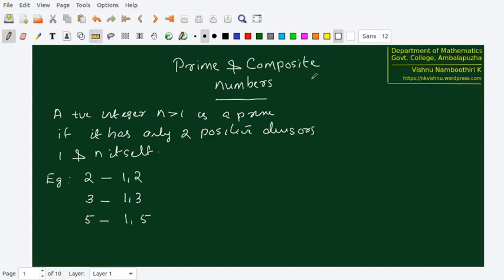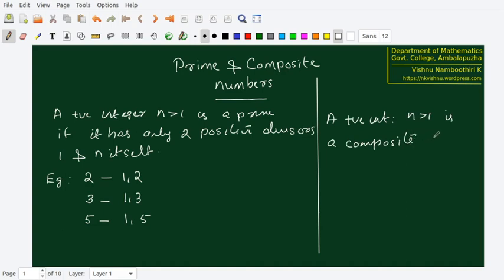Now we have the second definition: a positive integer n greater than 1 is a composite number if it is not a prime number.